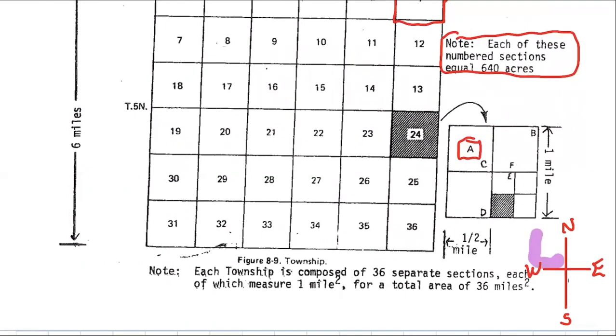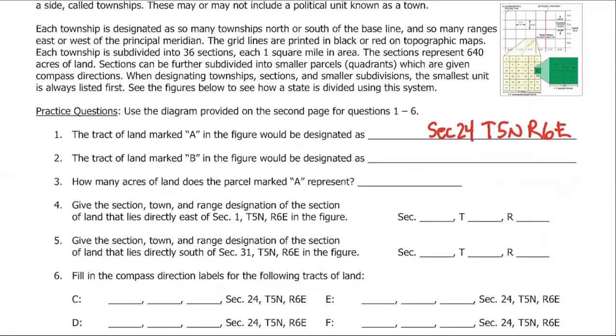You're actually in the upper left box, which is the northwest box, the northwest quadrant of our little mini mile here. So we are in the northwest, and that's the answer to this question. We're northwest in section 24, and we're in Township 5N, and we're in range 6E.